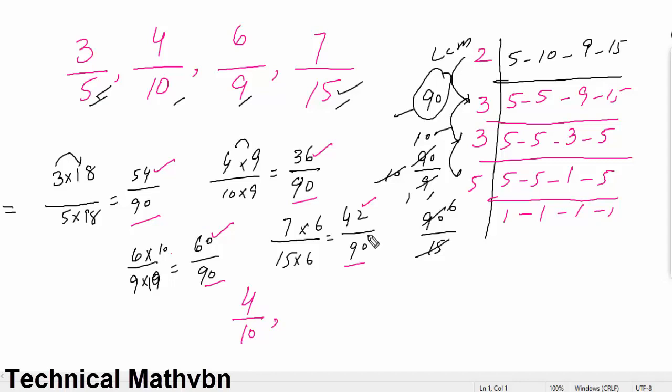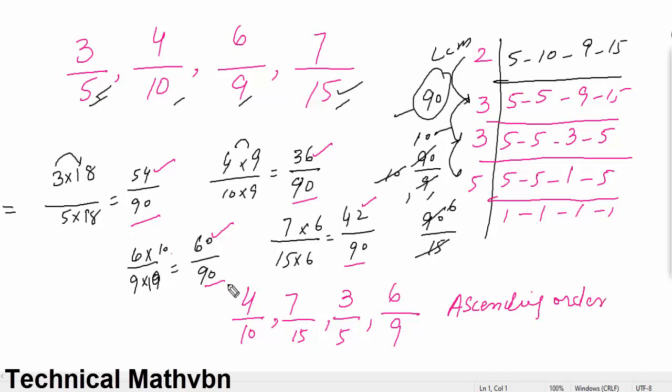After that, 42 by 90 is 7 over 15. After that 54, which comes from 3 over 5, and the last one is 6 over 9. These are the fractions written in ascending order.